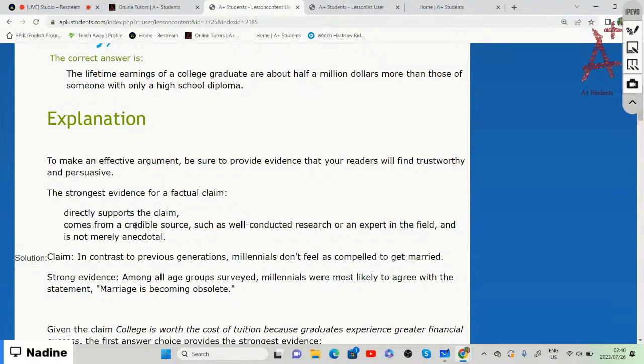So if we were to research millennials not feeling as compelled to get married, then you need to have strong evidence to back up whatever your claim is. And once you've backed up your claim, that is when the reader will find it trustworthy and persuasive.